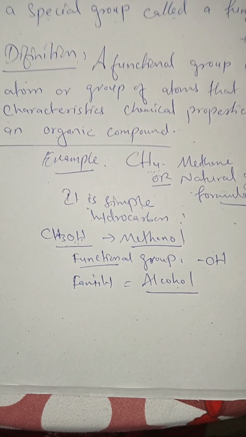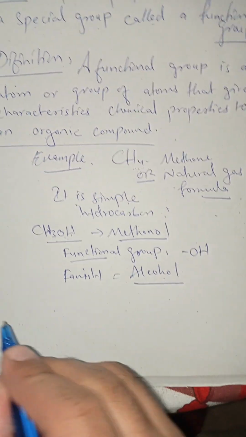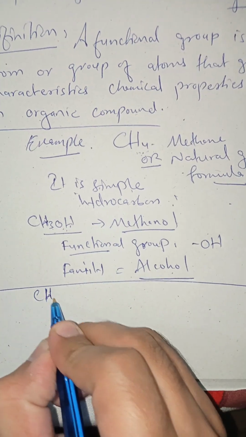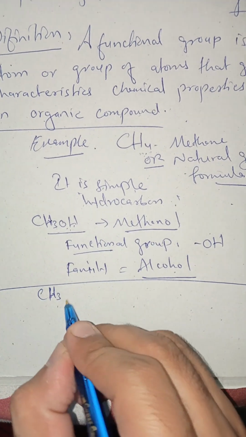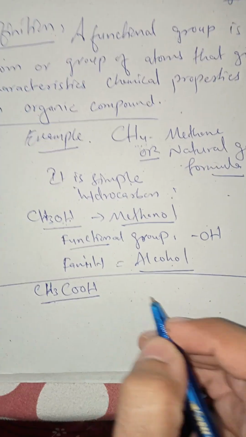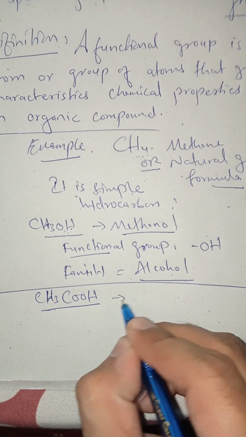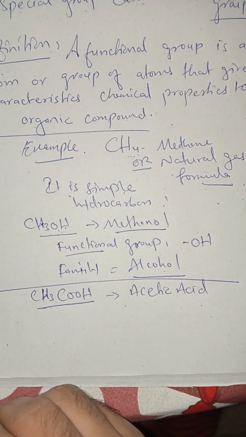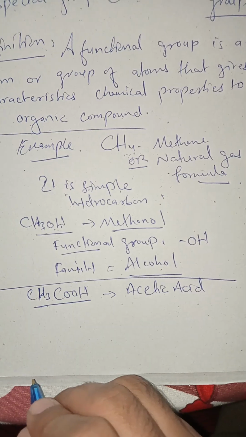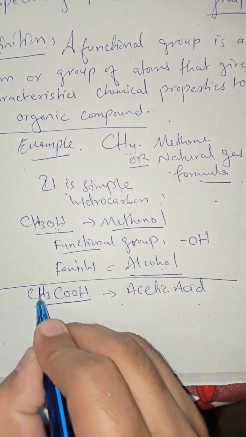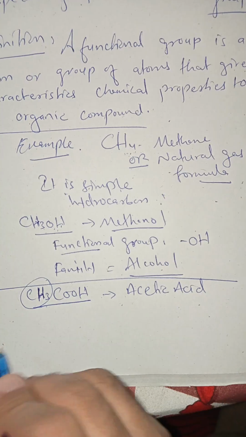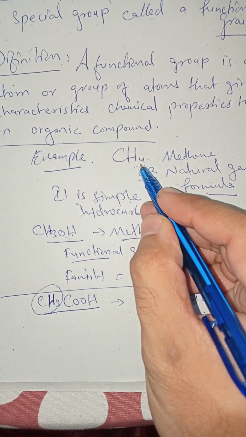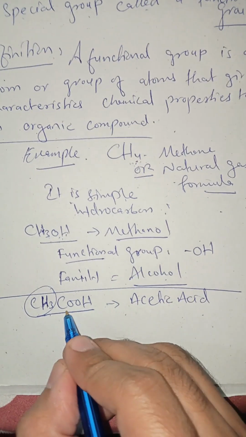There are so many examples. For example, we are taking another example, CH3COOH. It represents acetic acid. What is the functional group here? CH3 from CH4 again. This is the alkyl radical. And on the place of the fourth H, we are attaching COOH.